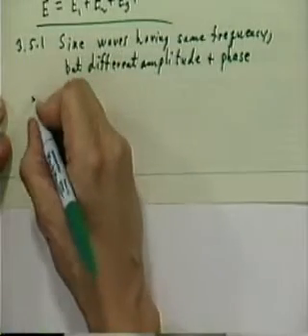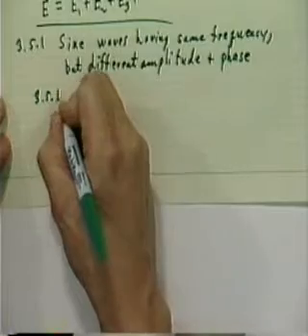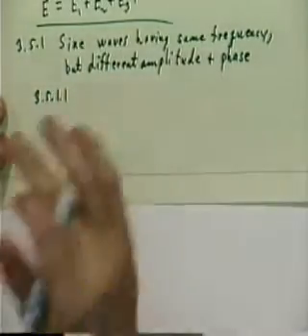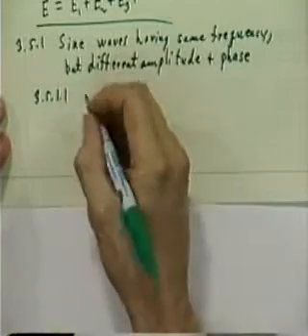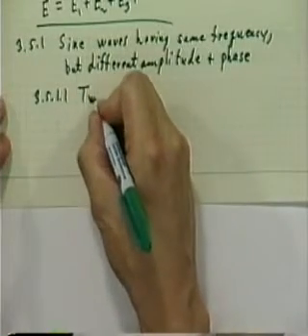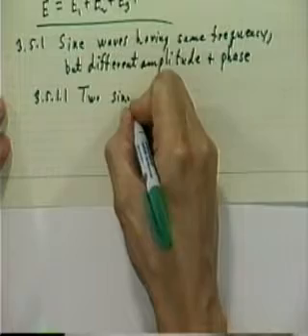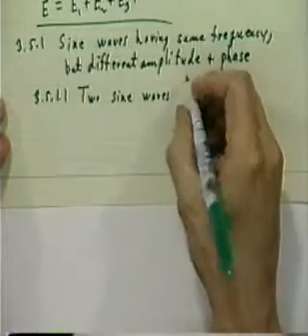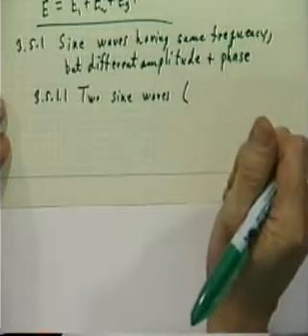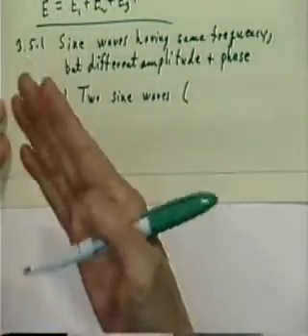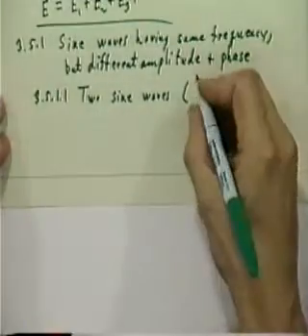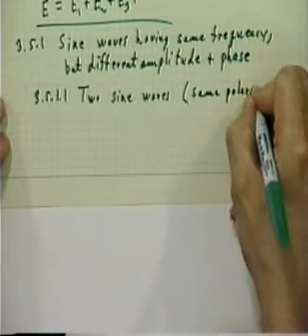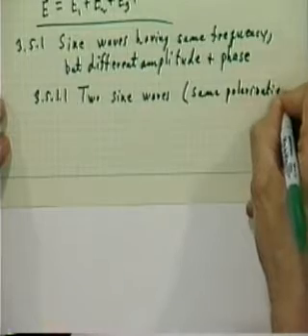And under here, the first section is 3.5.1.1. You're soon going to learn I love numbers like this. So anyway, we'll first just talk about two sine waves. For the time being, let's say both these sine waves have the same polarization, so I don't have to worry about these vectors.